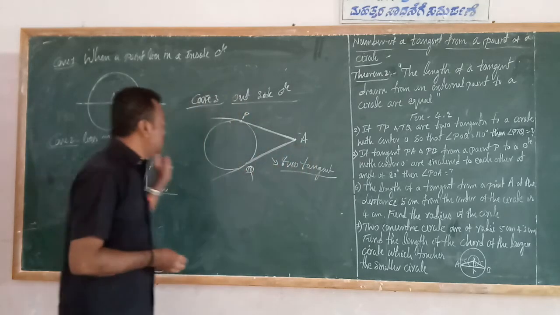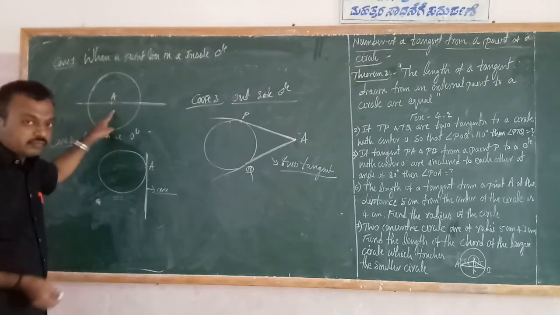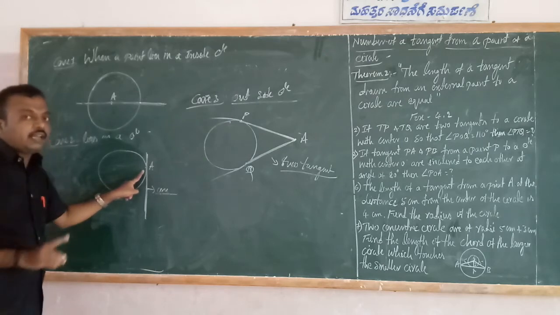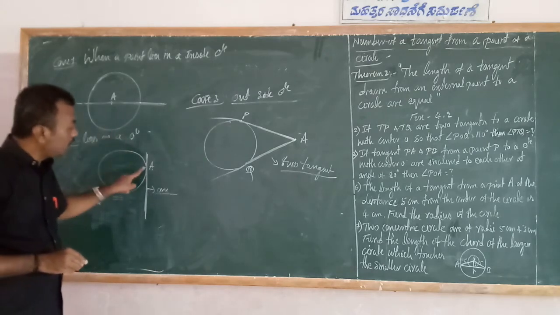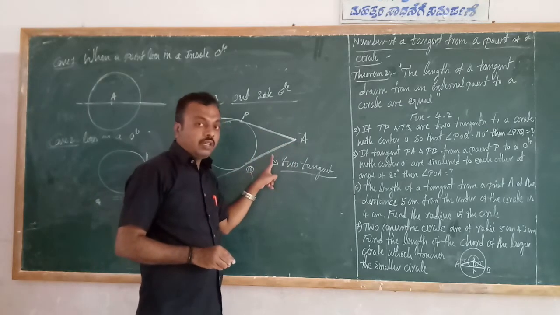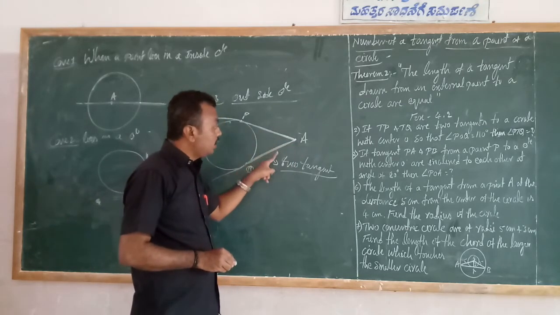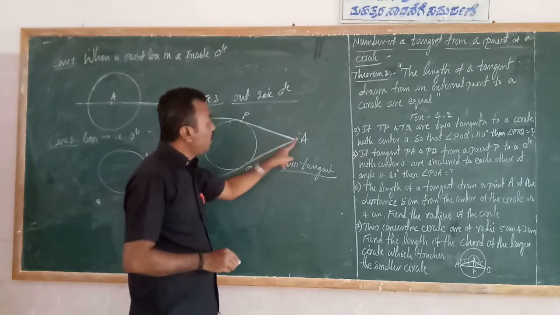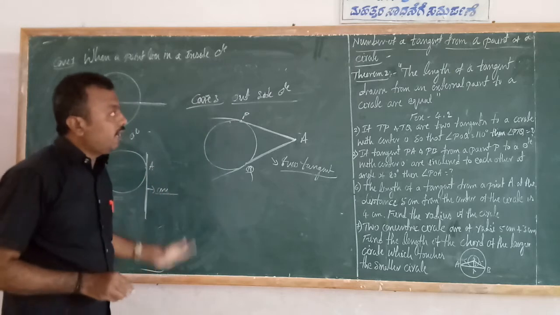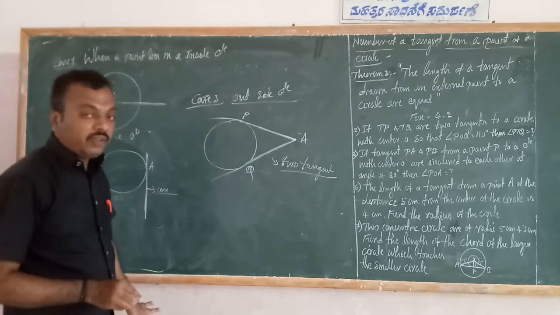Okay, so inside of the circle there is no tangent that can be drawn to a circle. For a point lying on a circle, there is only one tangent that can be drawn. And from an external point there are two tangents. So these are the number of tangents from a point to a circle.